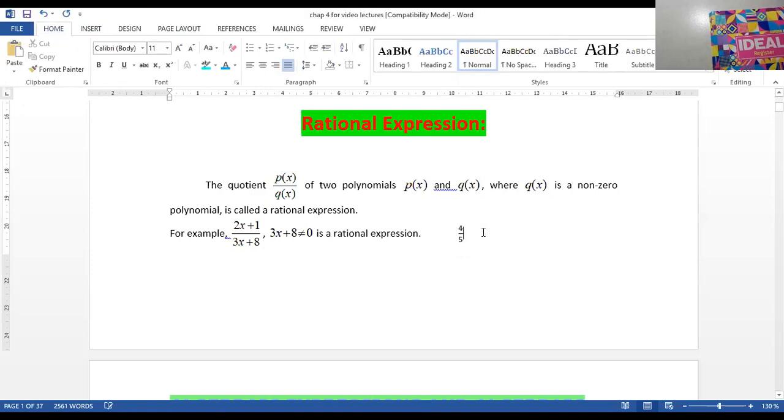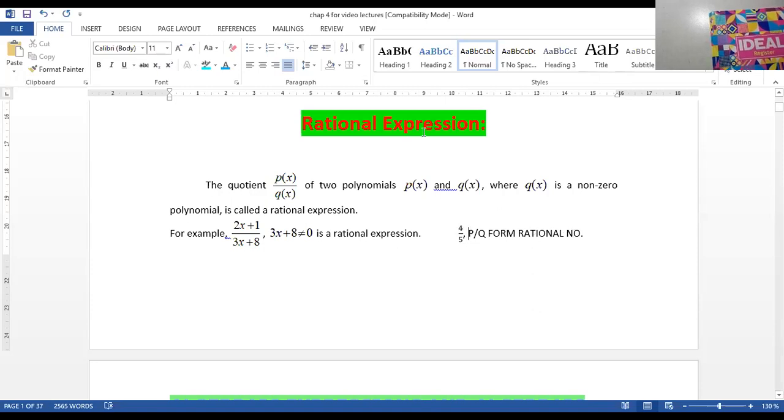Keep in mind that all the numbers which were written in p over q form were defined as rational numbers. I hope you remember it from chapter number 2. P over q form is called rational numbers. So my point is that 4 over 5 is a rational number.